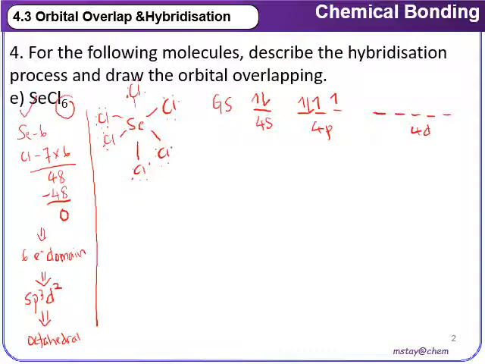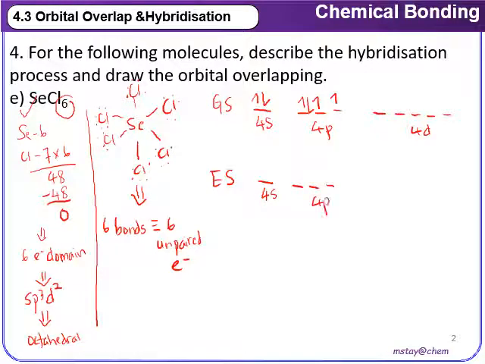Okay, so again, from this question, in the Lewis structure here we have 6 bonds. That means altogether we need to have 6 unpaired electrons. But when we look at the ground state here, there are only 2 unpaired electrons, which means we are going to assign electrons from the 4s and 4p orbitals to the 4d orbital.